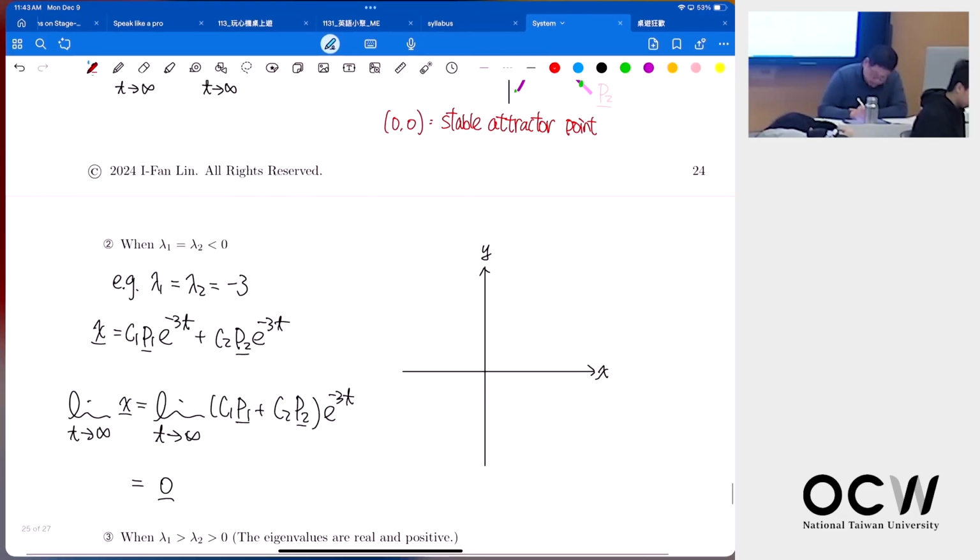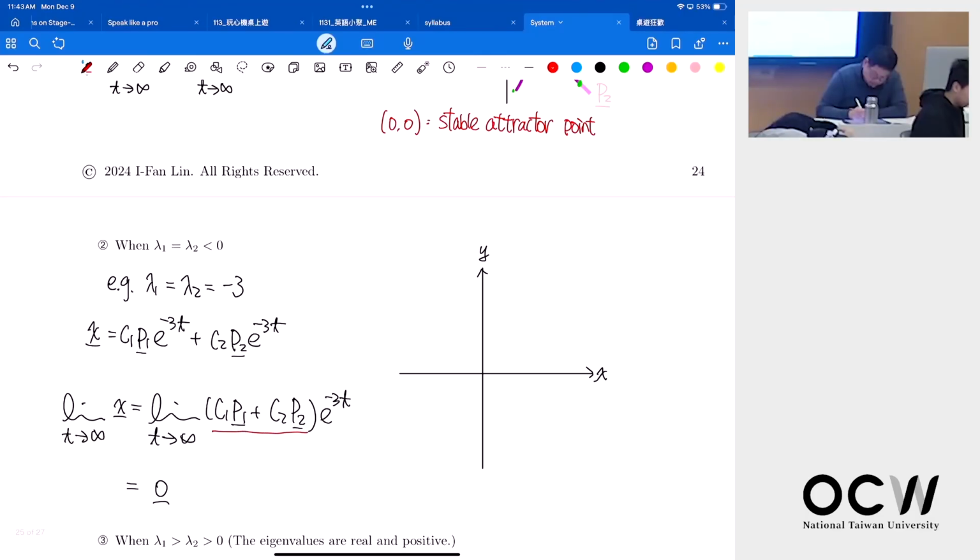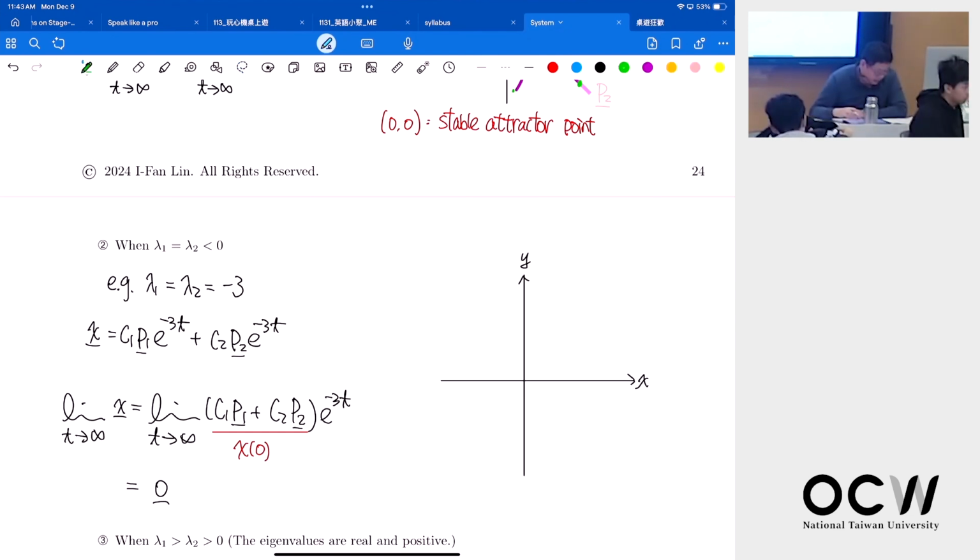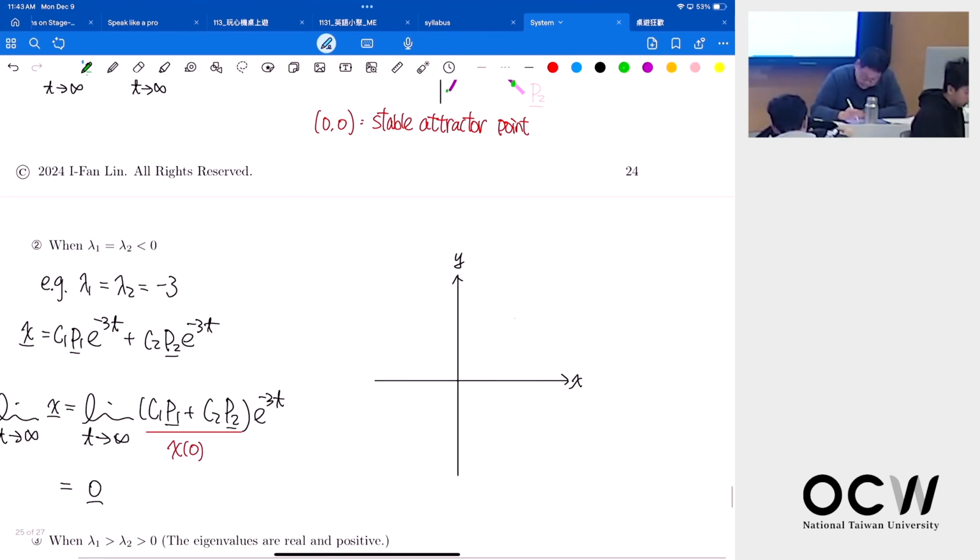In this case, if I have an initial point here, here, even here, then their trajectory will eventually go to 0.